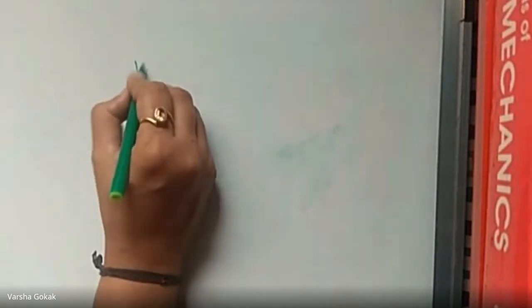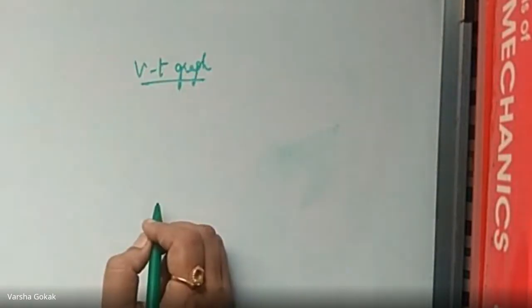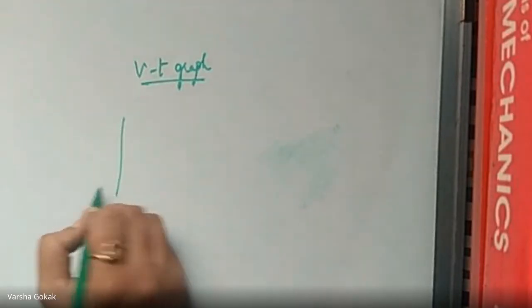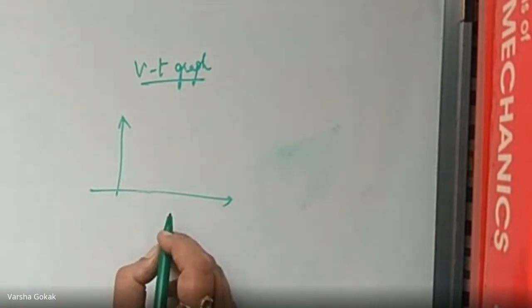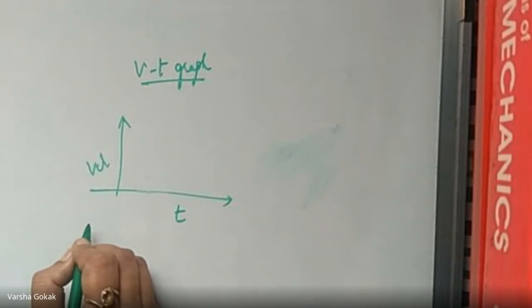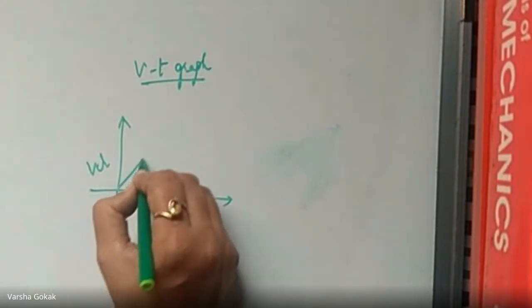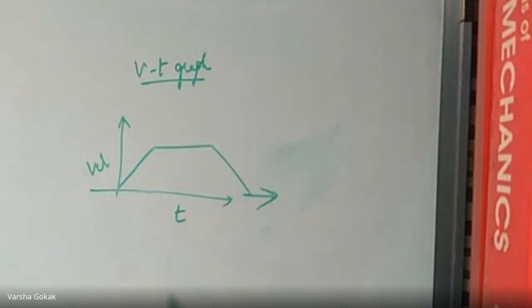You know this VT graph? What is a VT graph? You put up a diagram of time versus velocity. The vehicle starts, then it is constant, then it goes down, something like this. Are you aware of this?